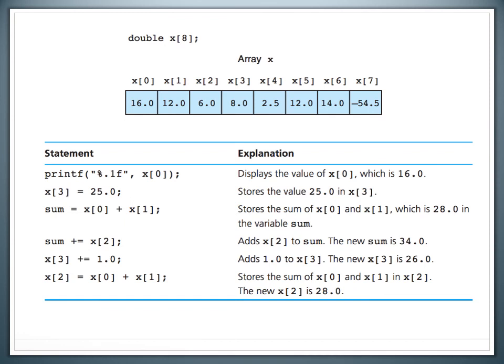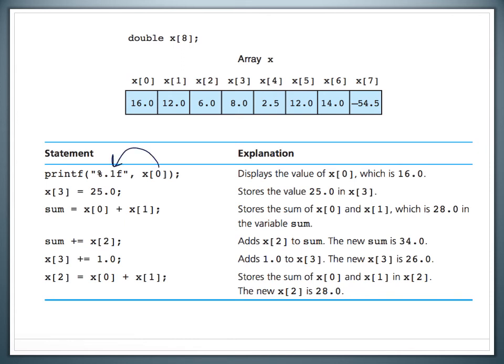All right, so this is what I just said. Anything that you can do with a double, you can do with X at one of these subscripts. So if you can print it to the screen using %lf, then that'll print to the screen because that's a double.